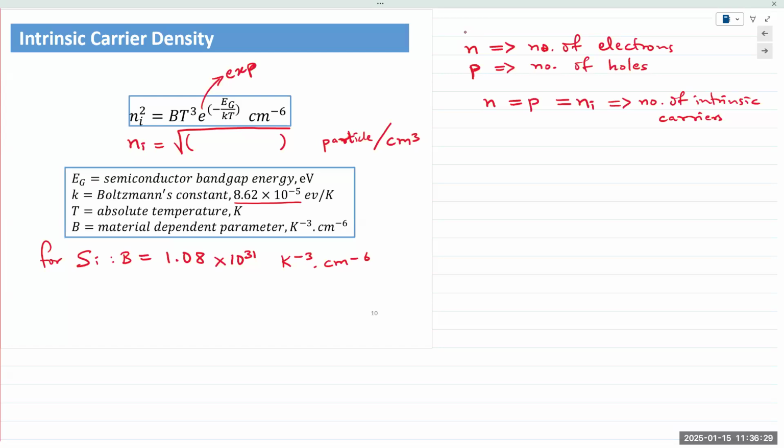So this equation will give us an approximate value of how many charge carriers are present at any given temperature in any semiconductor material. So in the book, there's an example of silicon at 300 Kelvin. Please go through that example and perform the calculation yourselves so you can arrive at the same answer.